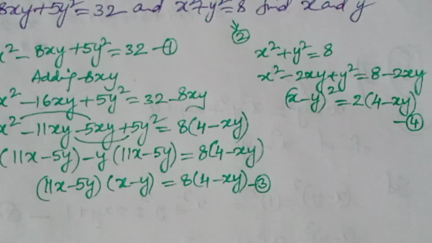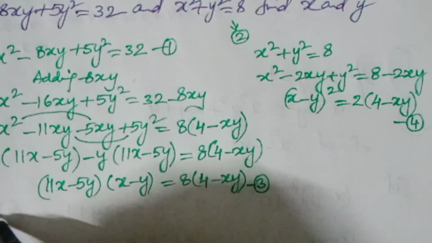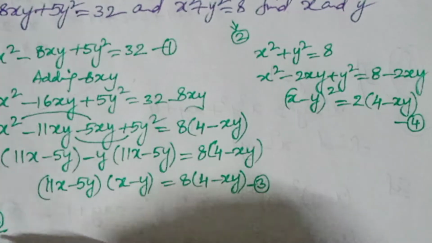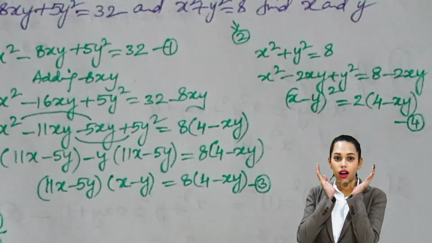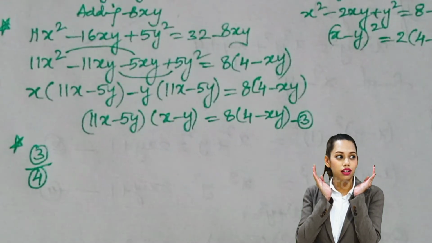So the logic is here, dividing 3 and 4. This is the main step in this problem, dividing 3 and 4.